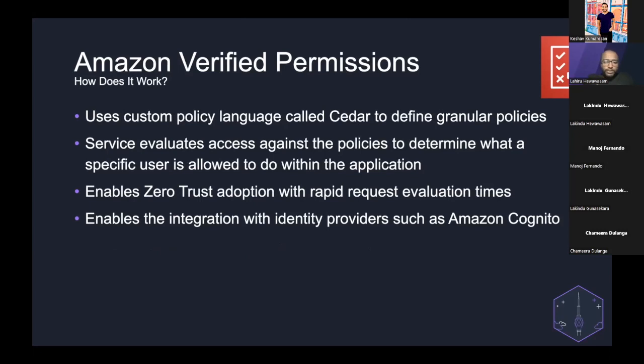Zero trust adoption is made very simple with the rapid response times of these evaluations. Also, it has built-in integrations with identity providers such as Amazon Cognito. So if you're using Cognito, you can use Amazon Verified Permissions to add that extra policy-level controls or permissions. So that's quite important to know.